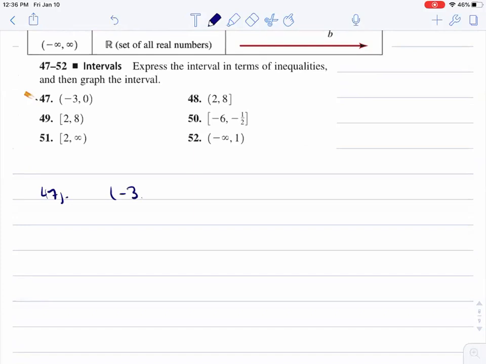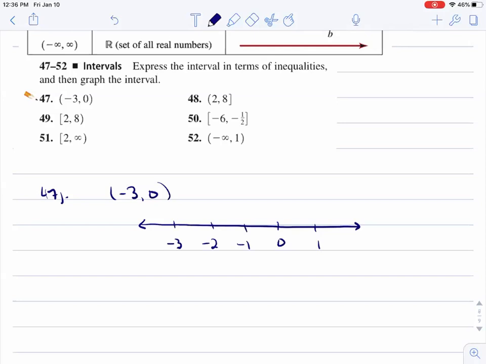47, -3 to 0. On a number line, right? Let's make a number line here. I do arrows in either direction because it continues. And then I'm going to put 0 over here, 1, even though I don't need it, -1, -2, -3. Starting at -3, right?